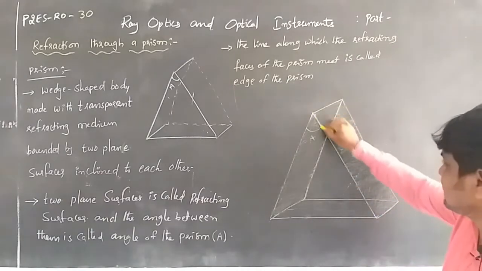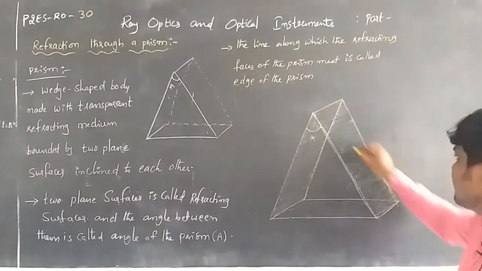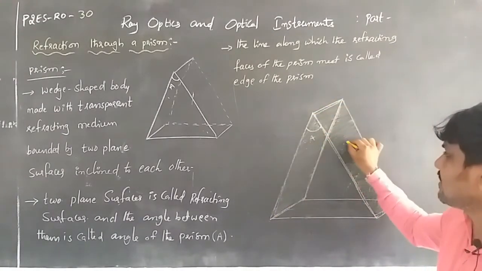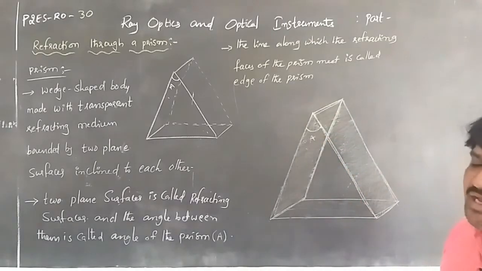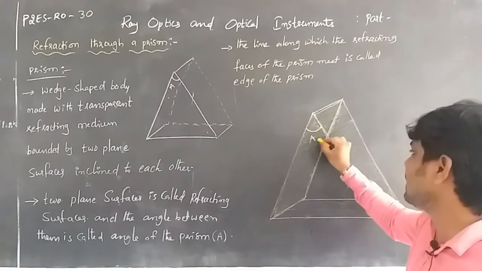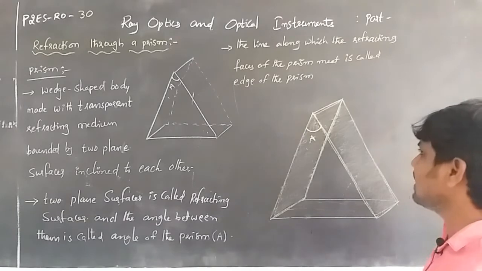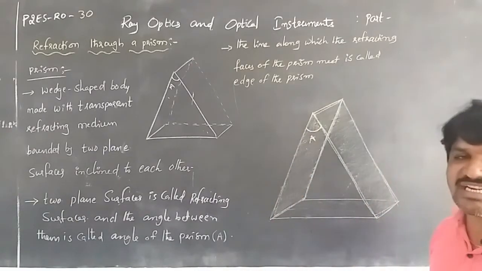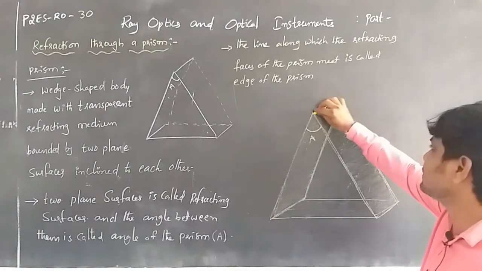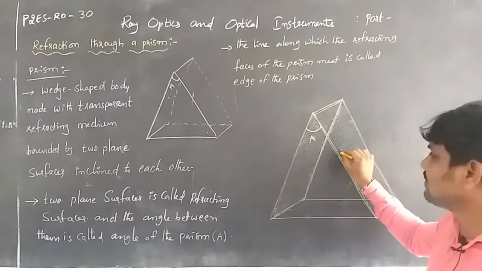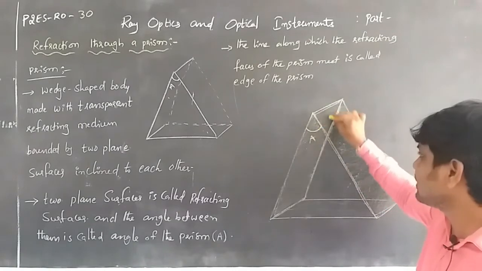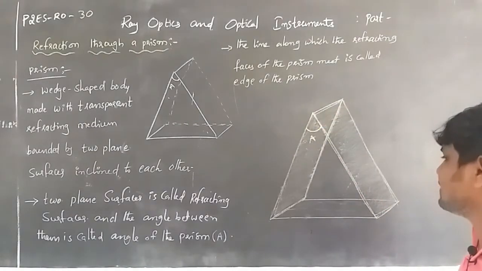This one is a refracting surface, and this other one is also a refracting surface. The two refracting surfaces are inclined at some angle, and that angle is called the angle of prism, denoted by A. It is a wedge-shaped body made of a transparent refracting medium, and the angle between the two inclined surfaces is the angle of prism, A.